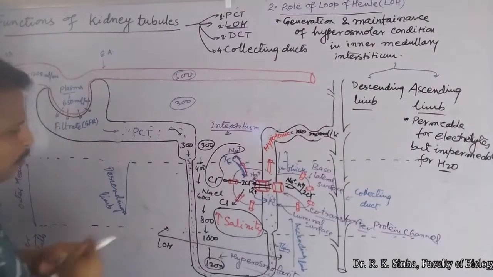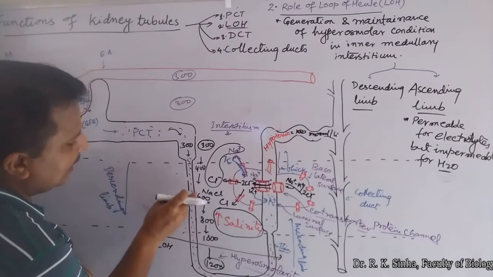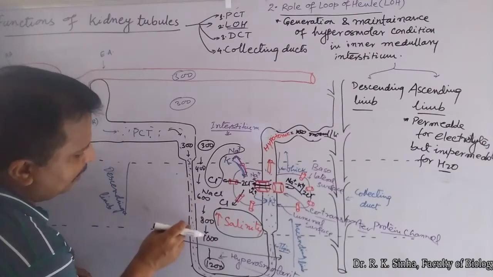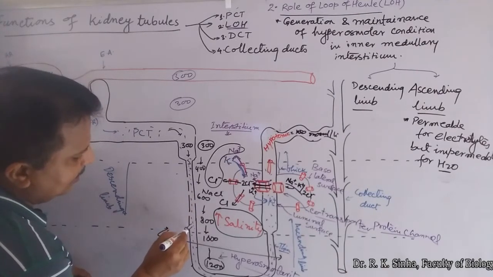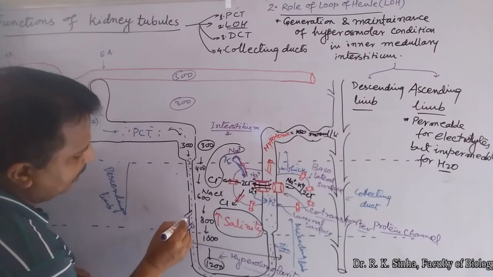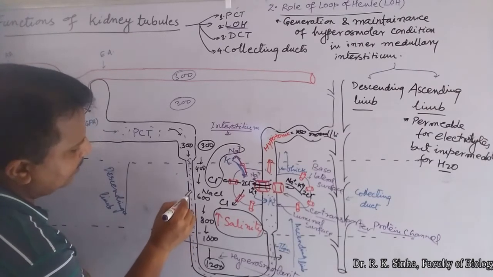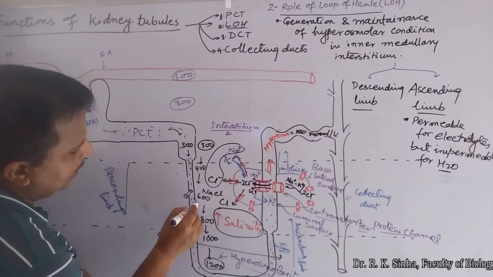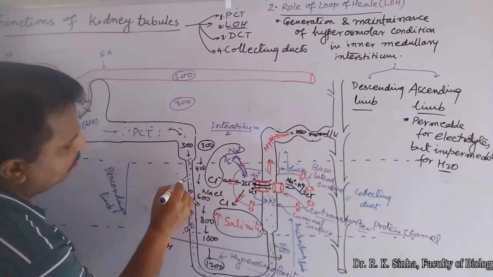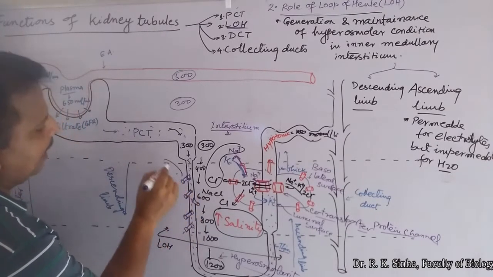There are many proteinous channels here in this region, and these proteinous channels are known as aquaporin type 1.